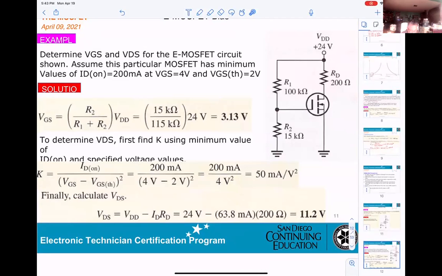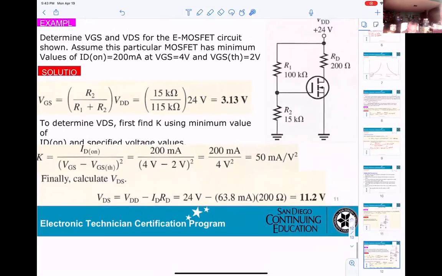To determine VDS, first find K using the minimum value of ID(on) and the specified voltage value. That means you have to calculate K like we already did: ID(on) divided by (VGS minus VGS(th)) squared. Then you get 50 milliamp per volt square here. Finally, you can calculate VDS equals VDD minus ID times RD. VDD is 24 volt, and ID will be 63.8 milliamp.